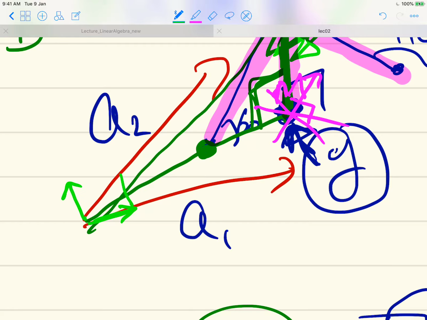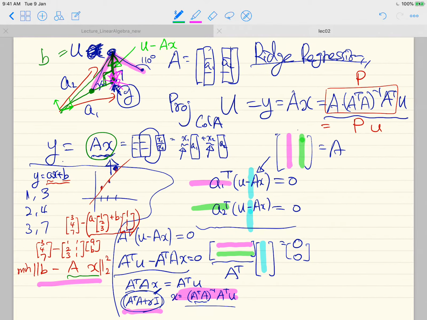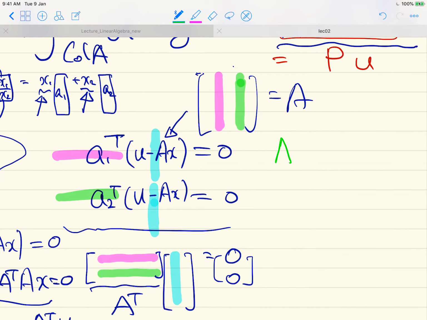So the orthogonal projection will not change, right? Because our plane is still the same, and thus the orthogonal projection point will still be the same, right? Suppose we did a Gram-Schmidt process starting from the given input matrix A, and then made the matrix Q, which now has orthonormal columns.